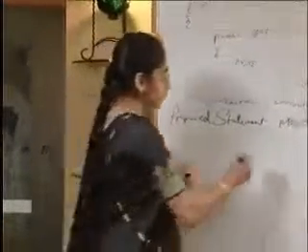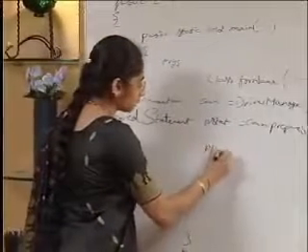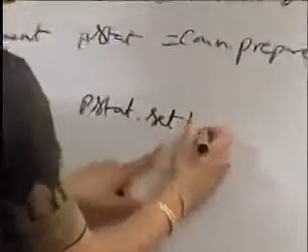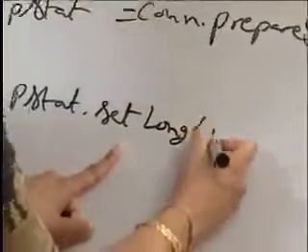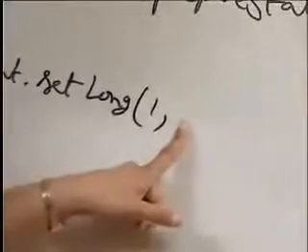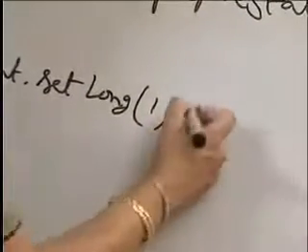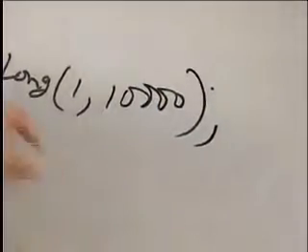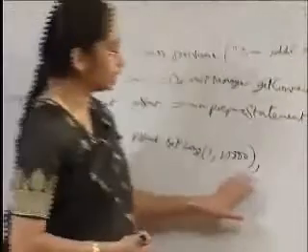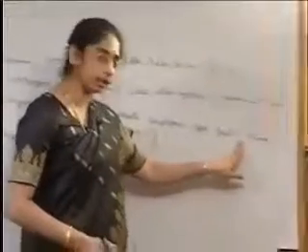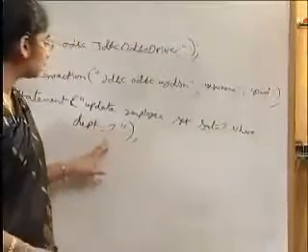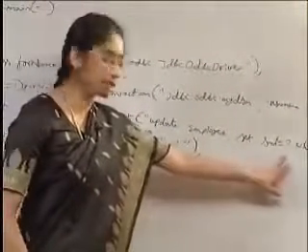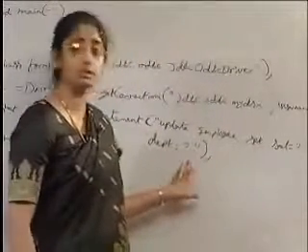So, what we need to do is, we need to say pstat dot set long of 1 comma the value or the variable which consists of the value. So, let me just provide the value here. That is, what am I actually specifying here? The sequence of the question mark is the sequence of the index. This is index 1 and this is index 2, because the sequence of question mark is the sequence of the index.